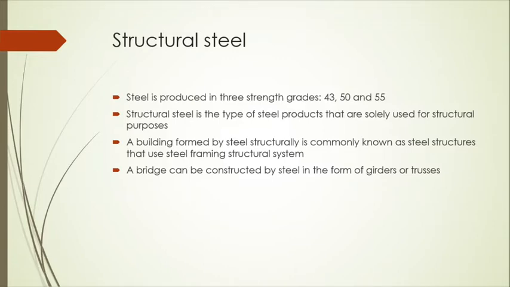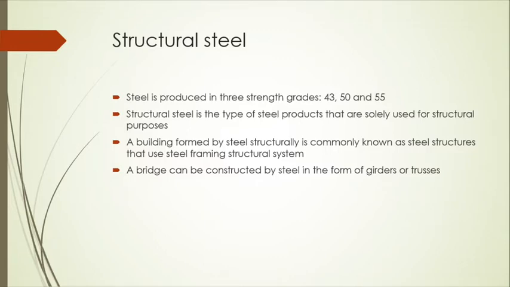That is why they are called structural steel. A building formed by steel structure is commonly known as steel structures that use steel framing structural system. So usually building being formed by steel using steel framing.